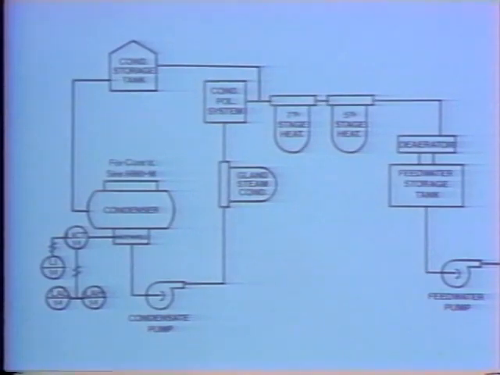Another place where we need level indication is the feed water storage tank. Knowing the level in this tank helps you determine if flow in the system is balanced. By comparing level in the condenser hot well with level in the feed water storage tank, we can tell if the amount of water leaving the hot well is equal to the amount of water going into the feed water system.